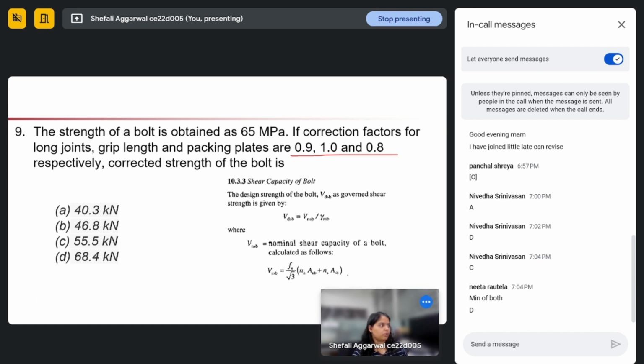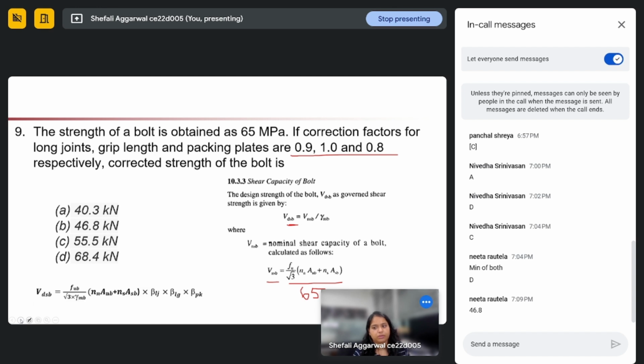Our normal formula: this is the nominal shear strength, which is given by Fu upon under root 3 and the A and B values. This complete term is given to us as 65.